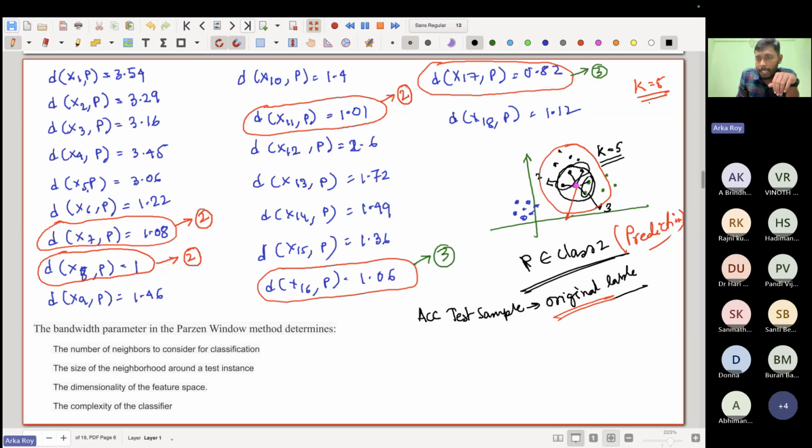For example, when I write k equal to 5, what is the meaning of k equal to 5? This is the neighborhood, 5 numbers of neighborhood. Yes, you correctly stated that this k equal to 5 is basically the number of neighbors.